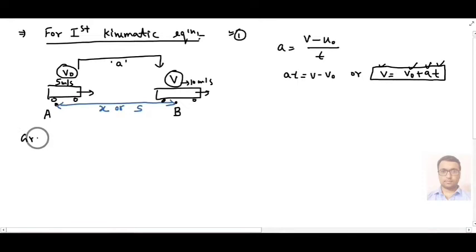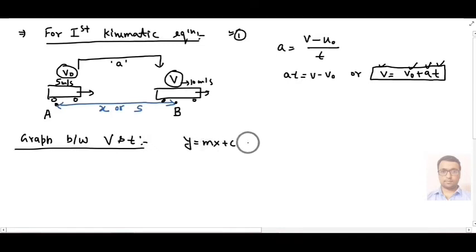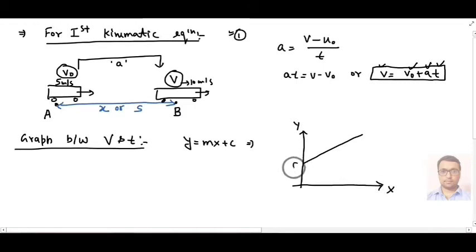Now we will plot a graph between v and t. We know that y equal to mx plus c. This graph is plotted like this, where this axis is the y axis, here we have the x axis, and this much length is called the intercept c.